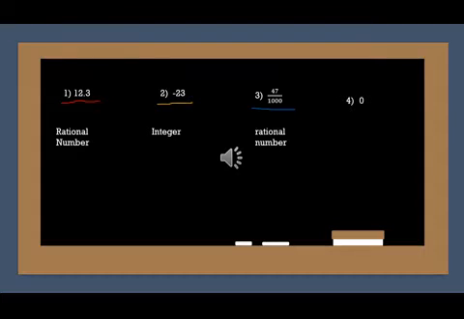Can anybody tell me what 0 is? Let's see. Jasmine? Miss H, wouldn't that be a whole number? That is correct, Jasmine. It is a whole number because 0 is considered to be a counting number or a natural number. So it would be a whole number.